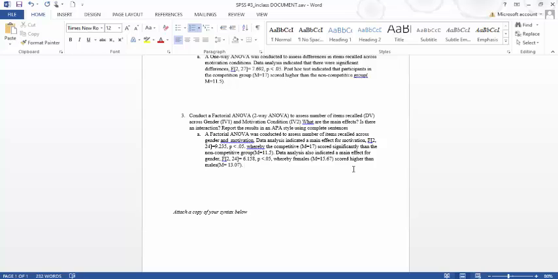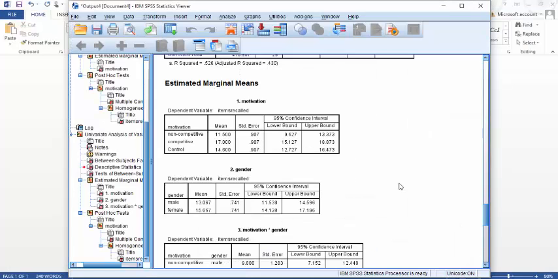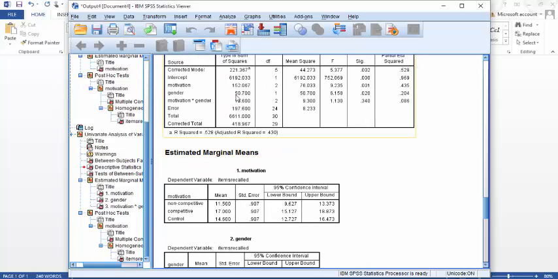Alright, the last thing we need to do is indicate that we did not have a significant interaction. We're going to say there is not a significant interaction effect. So F, our degrees of freedom is going to be a bit different here. Degrees of freedom is 2. Error is still the same. And our value of F was 1.130.